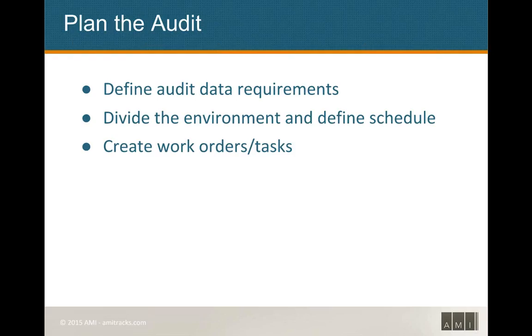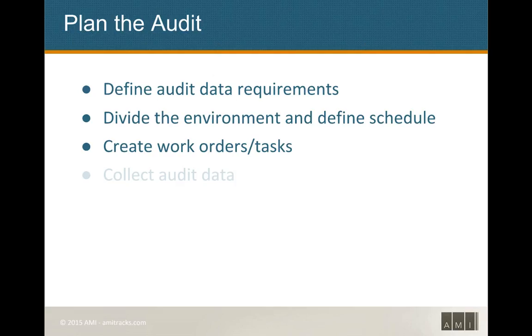And then we're going to subdivide that environment into individual sub-pieces that can be audited by an individual person. That's also a subjective decision that you'll have to make. If we want to audit Dallas in August 2015, and Dallas has 12 different buildings, it's reasonable to have one user audit each building.